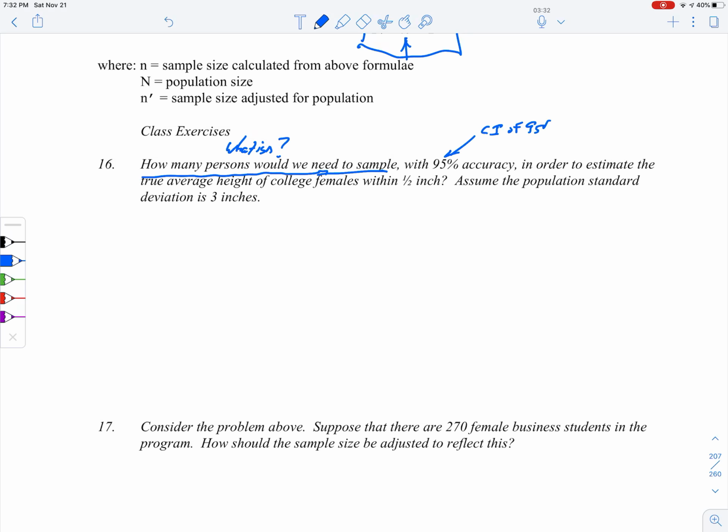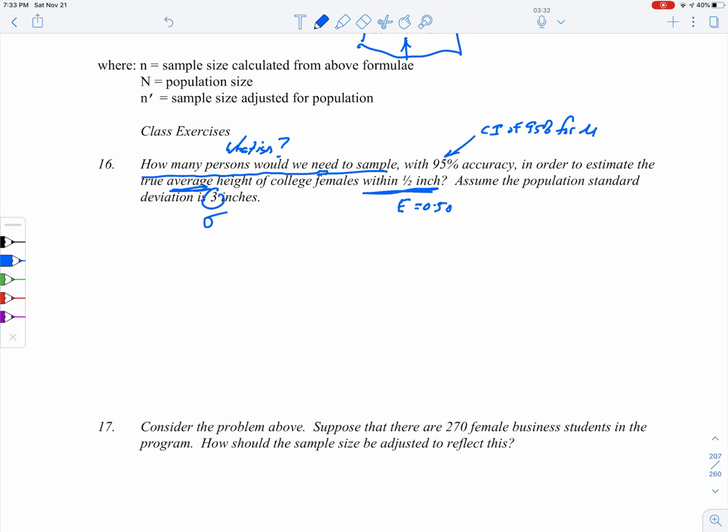So that gives us a confidence interval of 95% for the average. Within half an inch, the within half an inch is your E. Okay, so half an inch, 0.5.